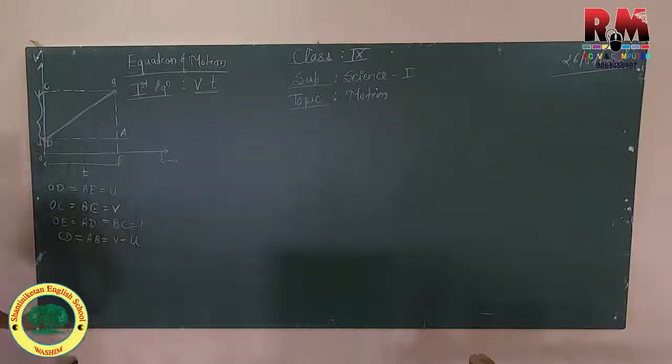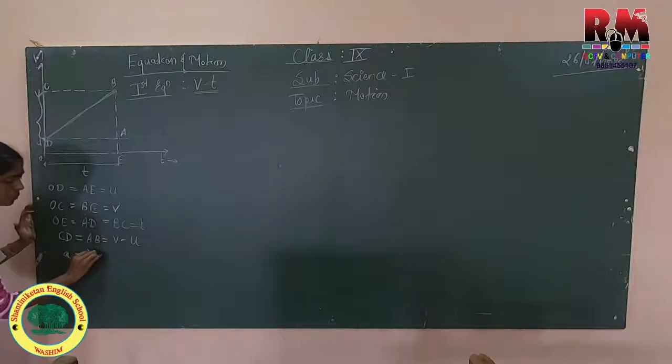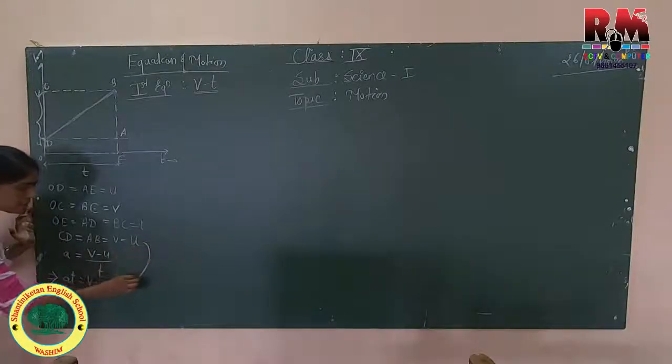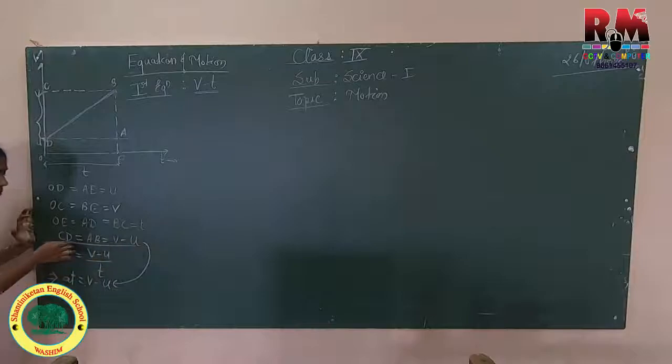Now you know that acceleration is equal to change in velocity upon time. Here we have initial velocity, final velocity, and change in velocity is V minus U. Therefore, if I take t here, it becomes A into t is equal to V minus U. And V minus U is equal to CD.